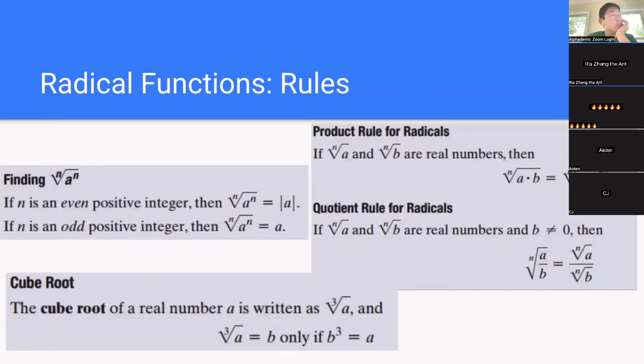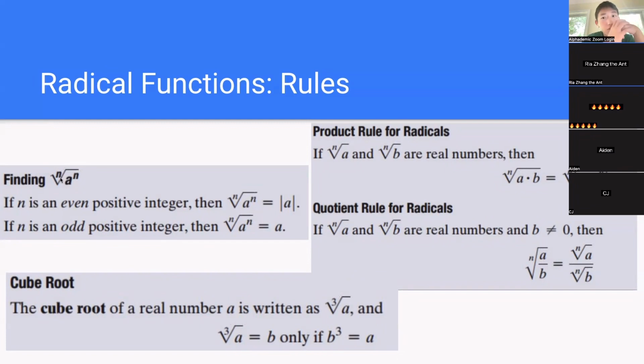And then here are just some basic radical function rules to be aware of. So finding the nth root of a to the nth power. If n is an even positive integer, then the nth root of a to the n is equal to the absolute value of a. And if n is an odd positive integer, then the nth root of a to the n is equal to a.